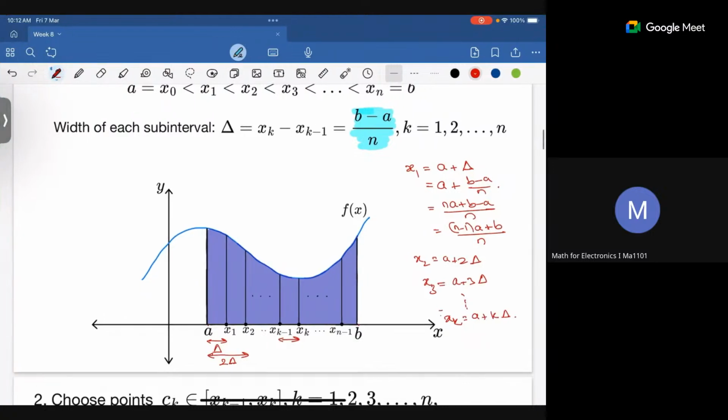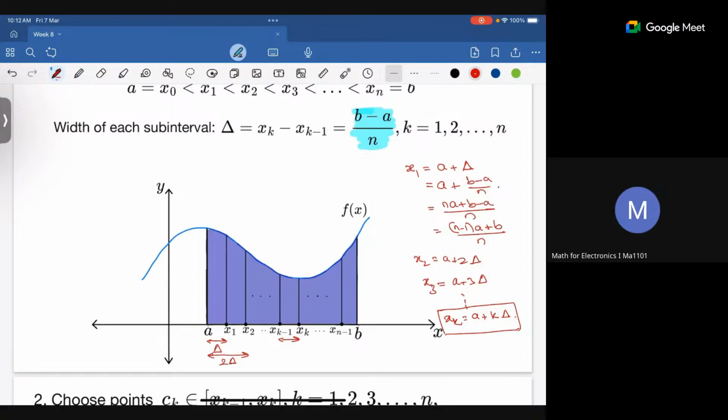So you can find all the points in terms of A, B and n, because A, B and n are known to us. How many subintervals you are making, whether it is 3 or 5 or 10, is the n value.